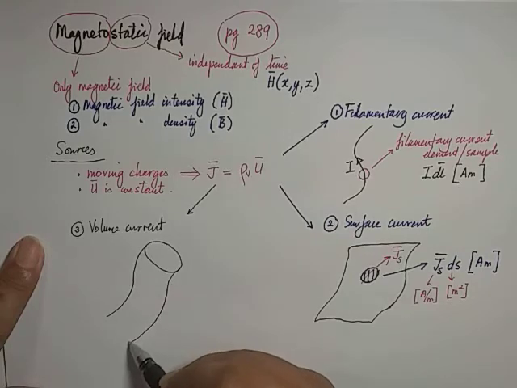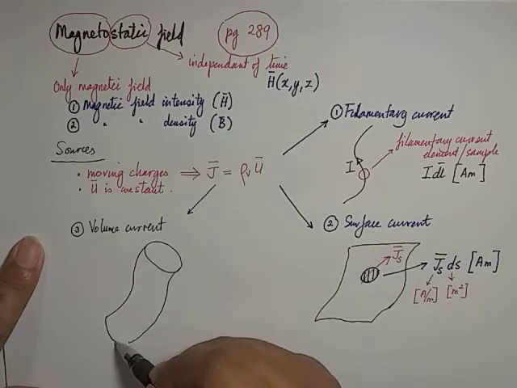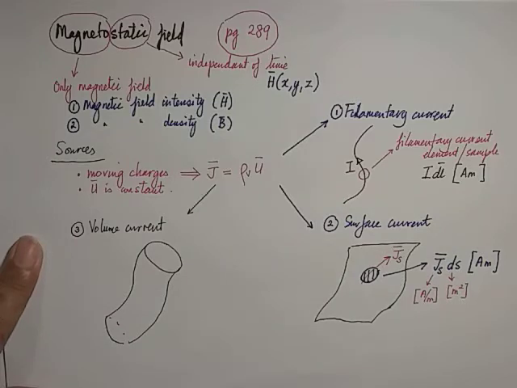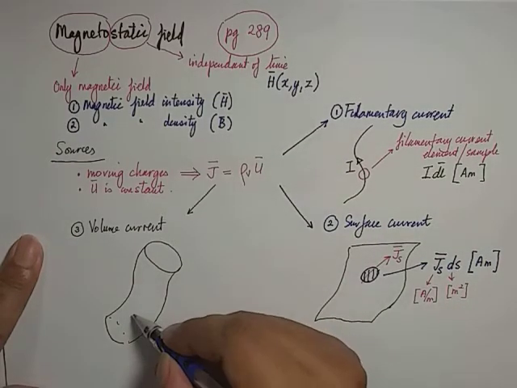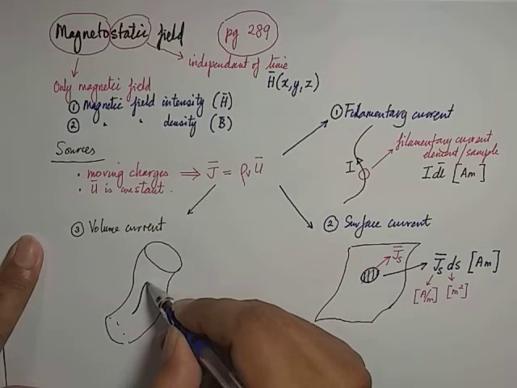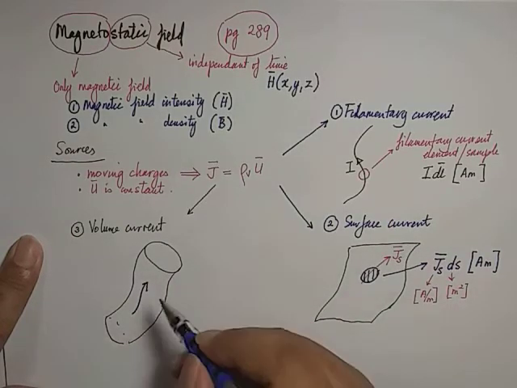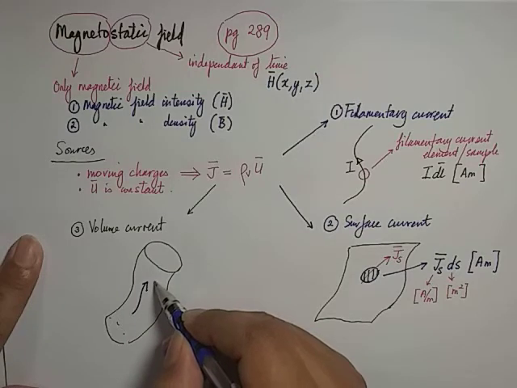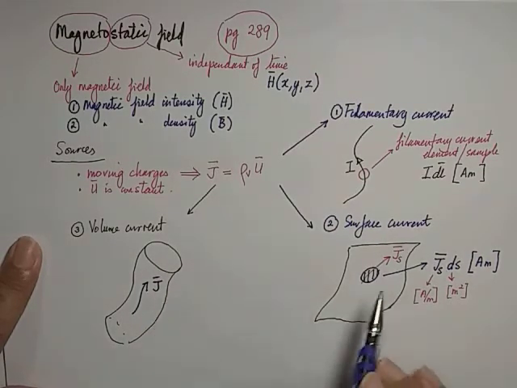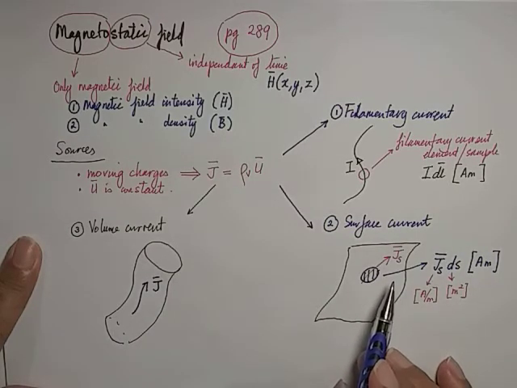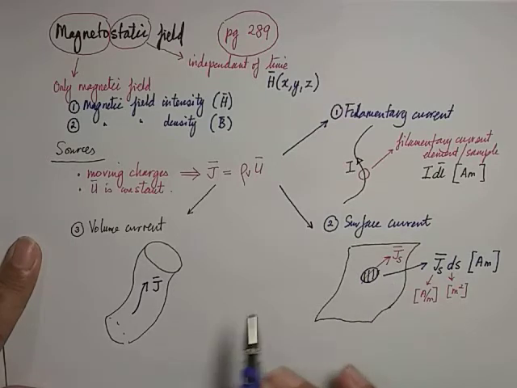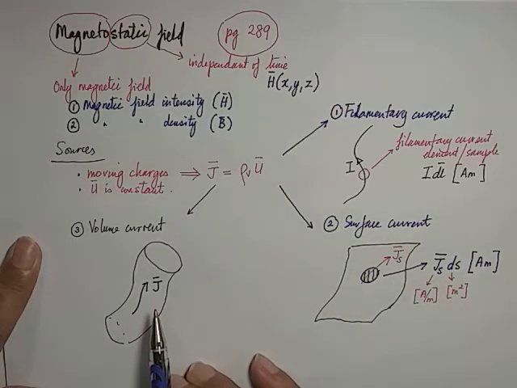That should be the typical shape of our volume current. Current will flow inside the volume of this structure, and the symbol for the current is going to be J. You can see now J and JS are totally different entities, whereby JS is surface current density, and J is known as volume current density or current density.